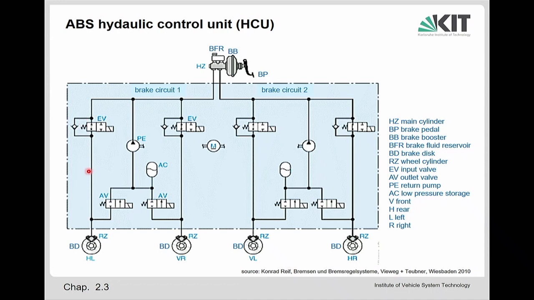The brake pressure, which is high here and low here, can go over this valve, so the fluid can flow this way, so it goes back, and also the brake pressure will be reduced in the wheel brake. That's the function, yeah. And if this would not be here, this would not be possible.